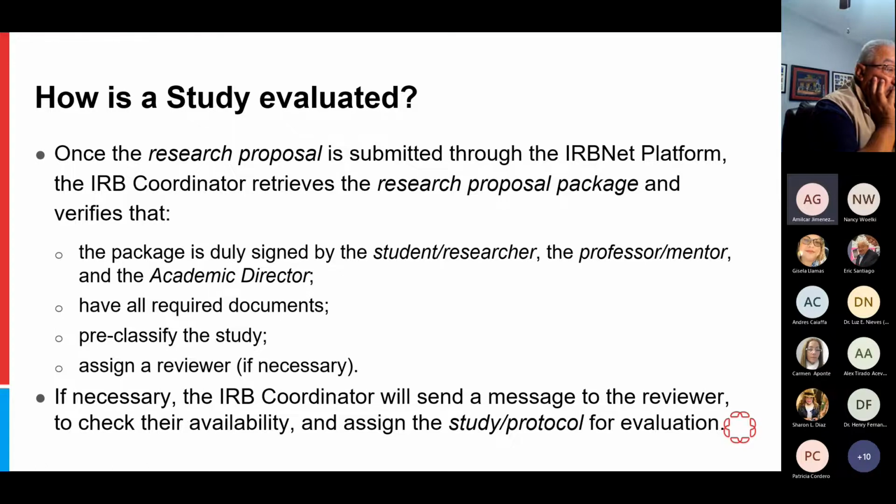You will not know who the reviewer is. And actually, that reviewer will not be from South Florida or the campus where the study comes from. And I do not have any contact with the student. I contact the mentor, not the student.